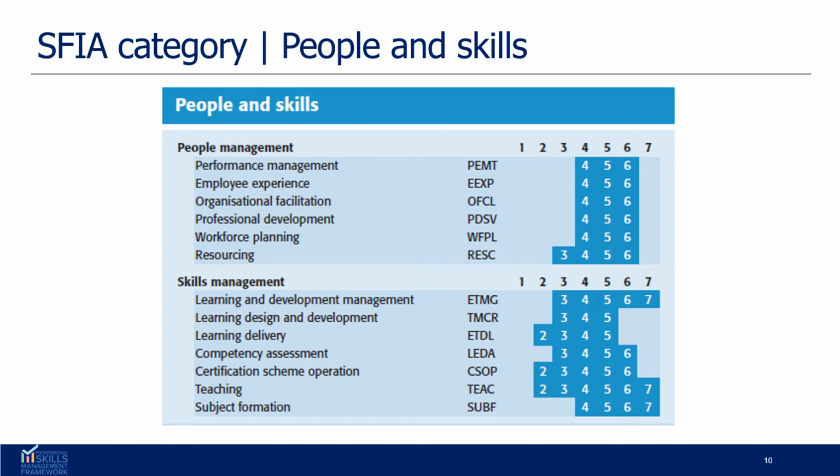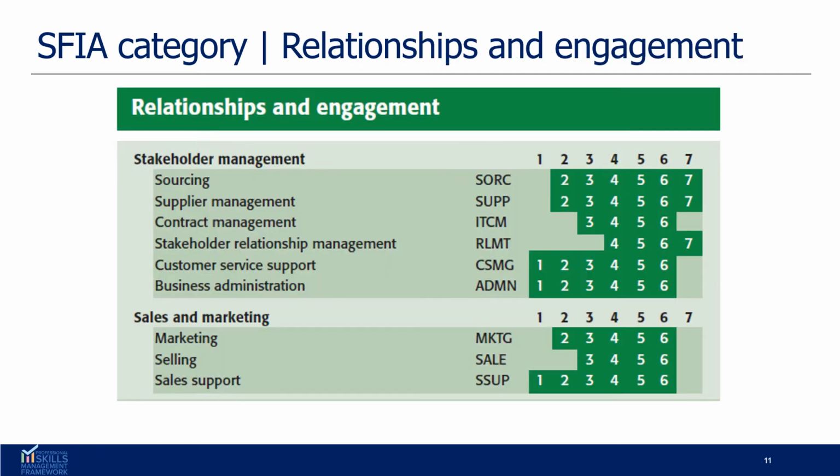The people and skills category is where you will find a group of people management skills, performance management, employee experience, resourcing and professional development, as well as learning and development management, learning delivery, and competency assessment. The last category is relationships and engagement.